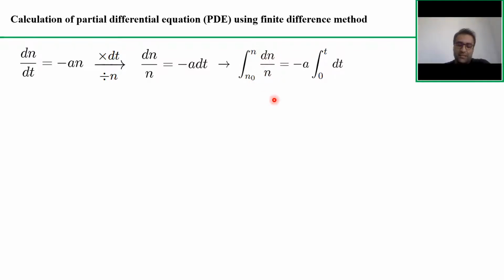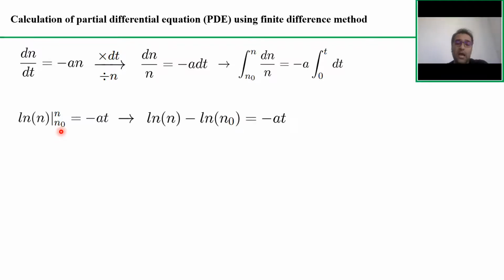answer of this integral is simply ln of n from the lower limit n0 to the upper limit n, and it's equal to minus a t. If we substitute n0 and n, we will have ln of n minus ln of n0 equal to minus at, and we know that we can write the left-hand side as ln of n over n0, and it will be equal to minus at.